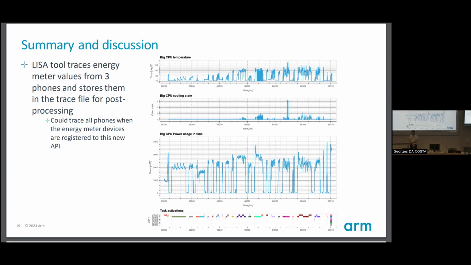The kernel is not a very suitable place for power control because it's too slow to react. It's not even a scheduler tick resolution, it's the resolution of a kernel thread.